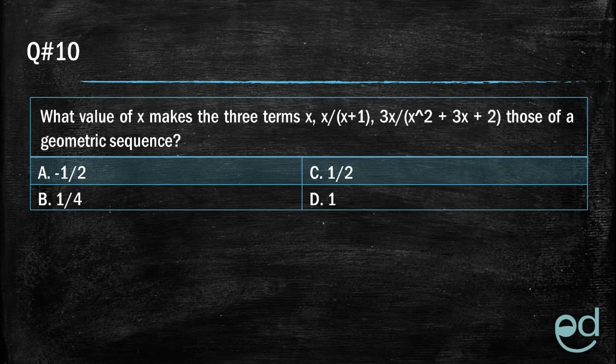Question number 10. What value of x makes the three terms x over x plus 1, and 3x all over x squared plus 3x plus 2 those of a geometric sequence?